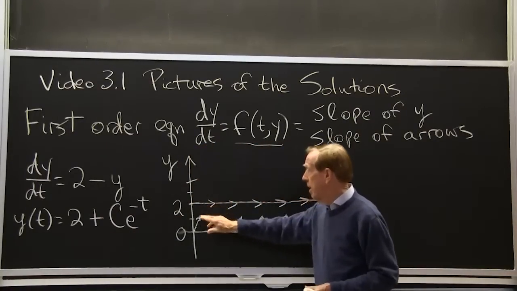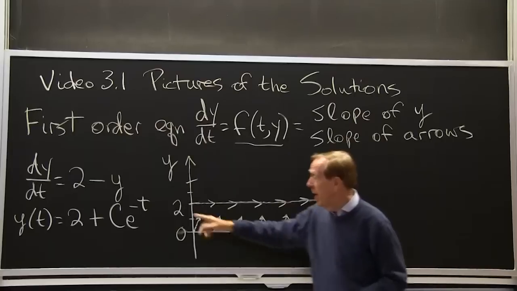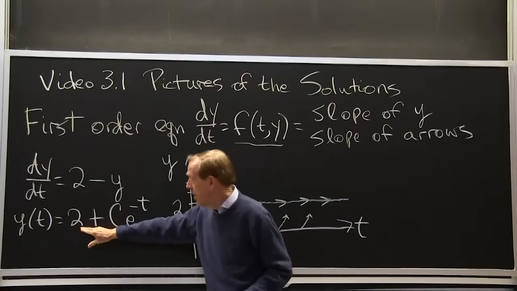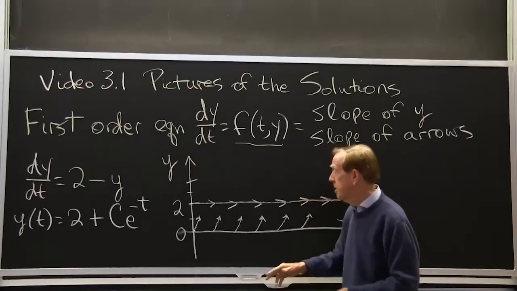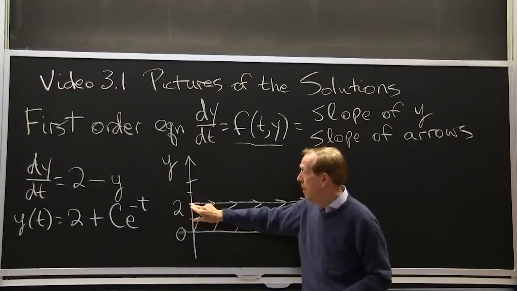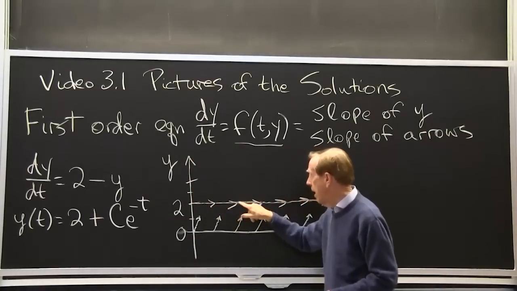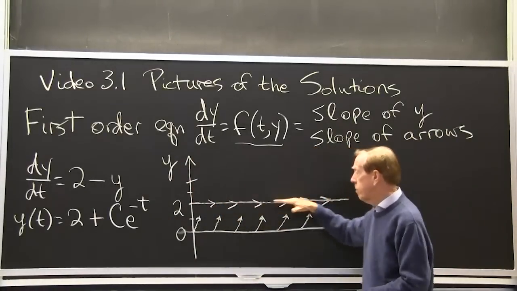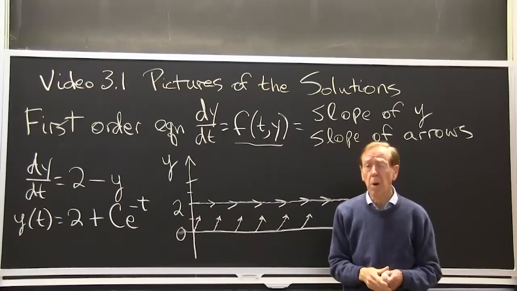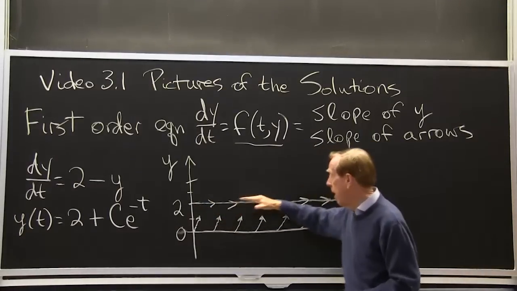And in my picture, y equal to 2 jumps out, because when y is 2, the slope is 0. So all my arrows on the y equal to 2 line have slope 0. So that's a very special line.